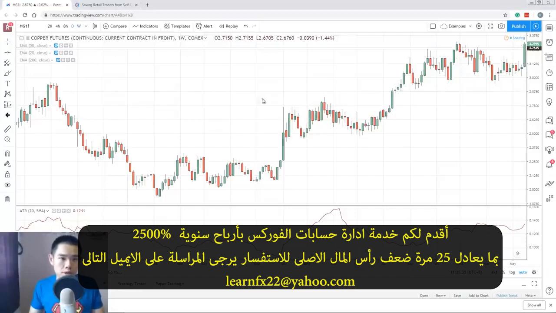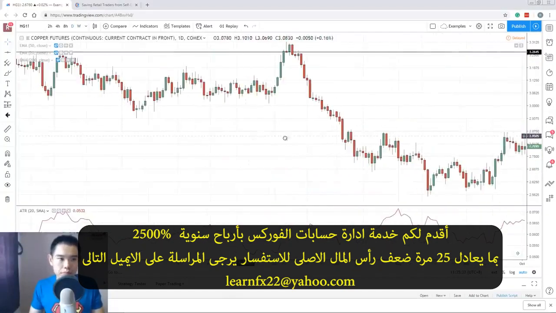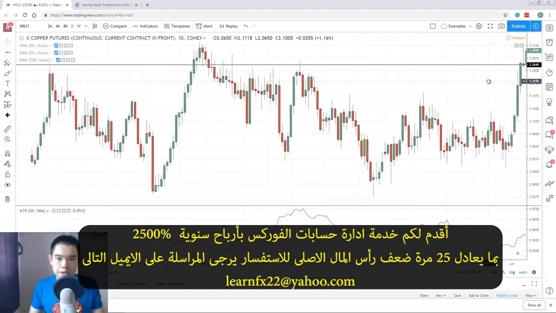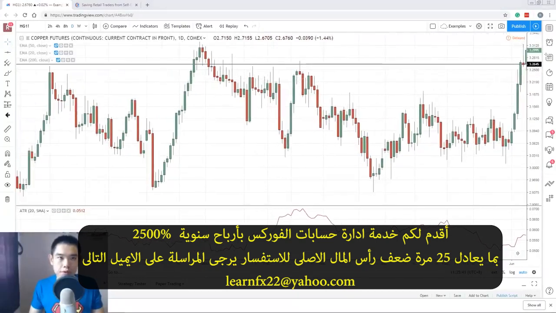So again, if you go down to the lower time frame, you can notice over here this is the range, the huge burst of momentum you saw on the weekly time frame from here to here. Over here, there's a price rejection on the daily time frame.